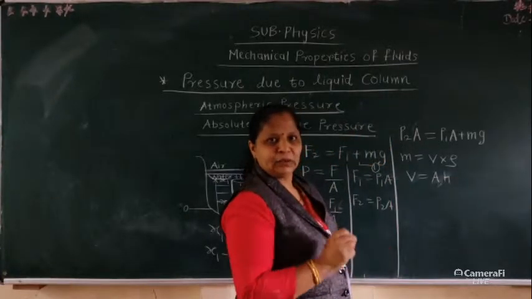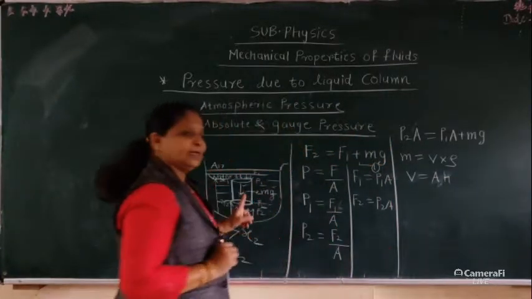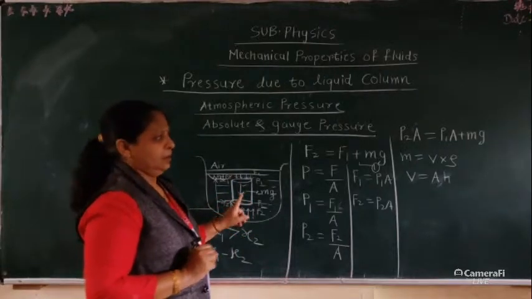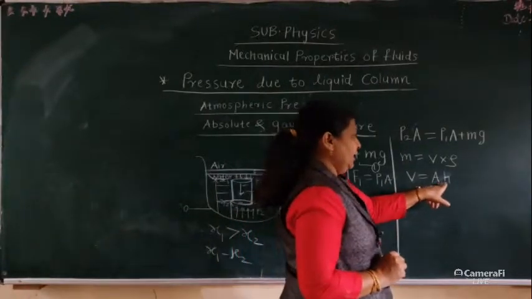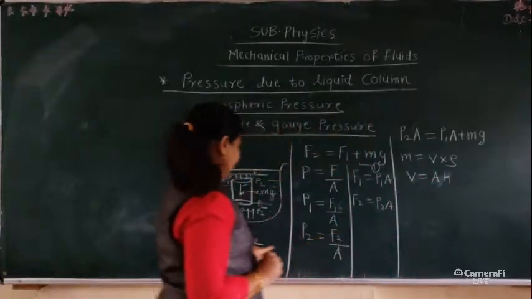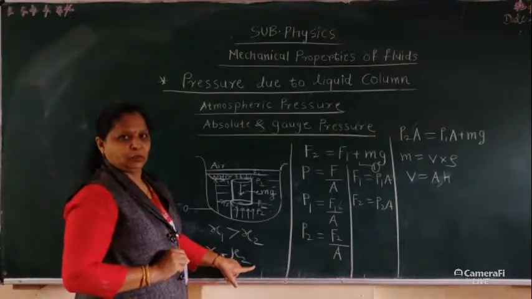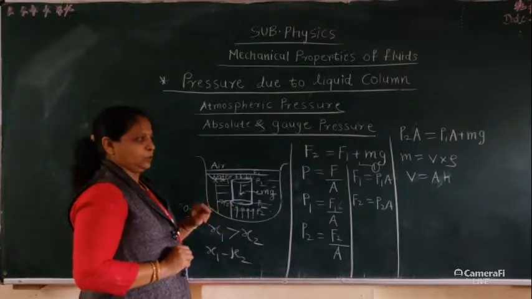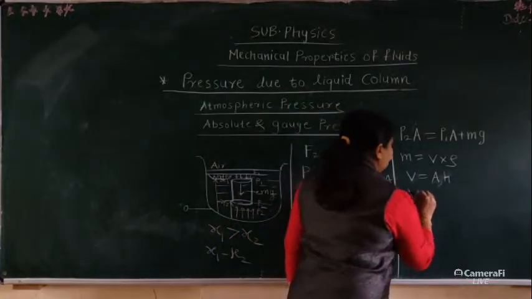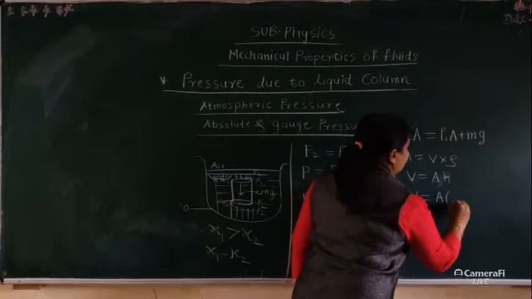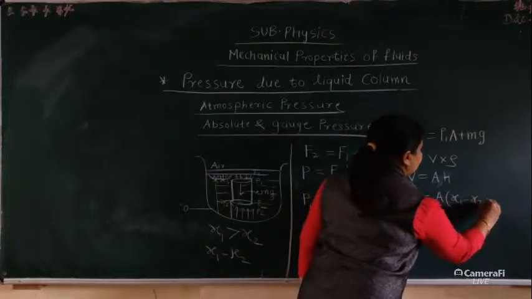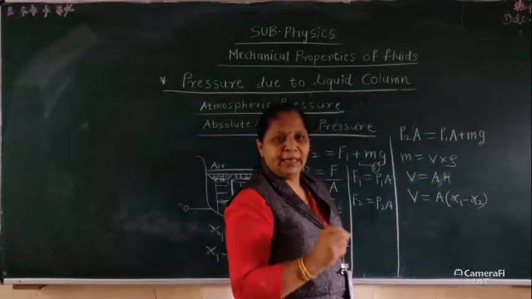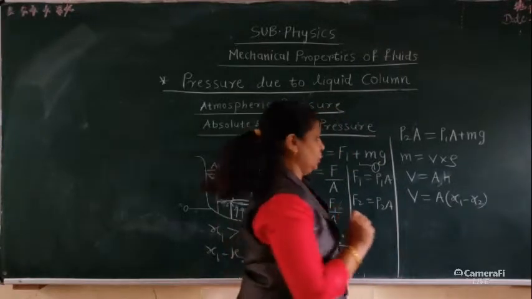Here it is the volume of the cylinder, area into height, and the height of this liquid column is x1 minus x2. So V is equal to A into x1 minus x2.